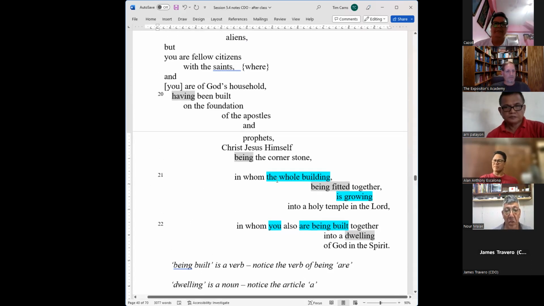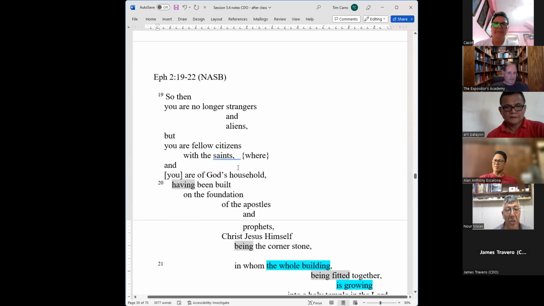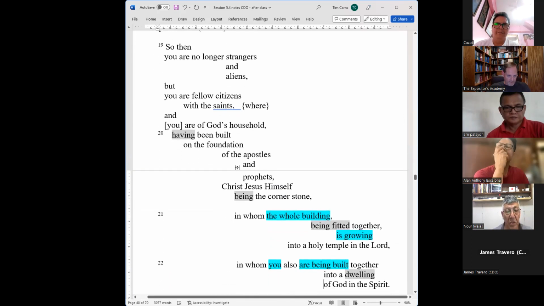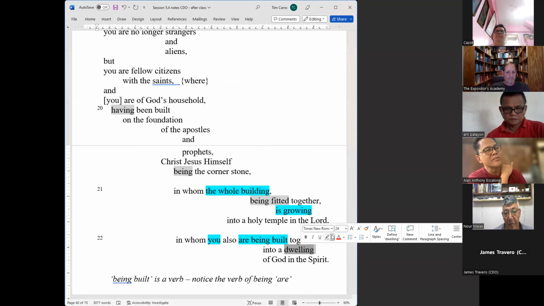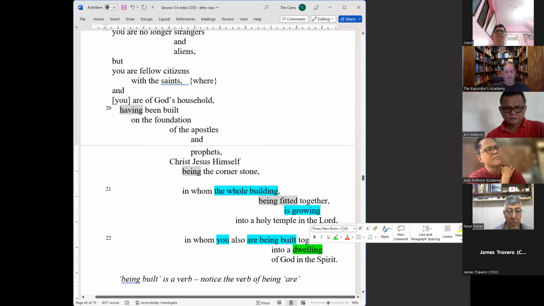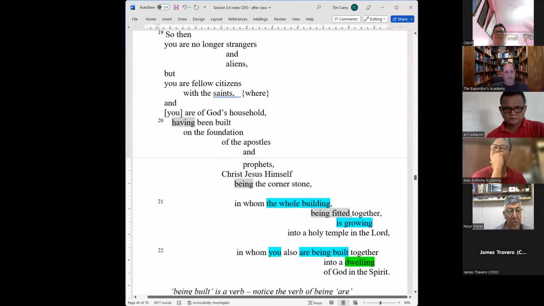So that's what we've got. Notice here we had several that looked like participles: building, growing, being built, dwelling, but they weren't. And then we did have a few participles. And again, the trickiness here in English is that all of these end in ing, but they are not necessarily participles.